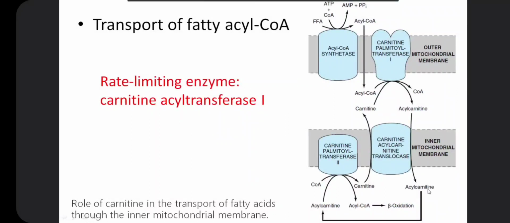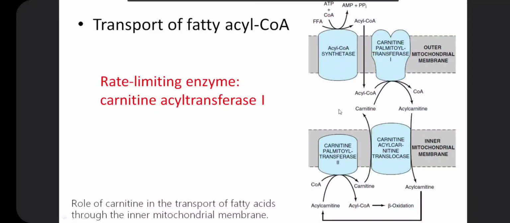Then the free carnitine is returned to the intermembrane space by the translocase, where it collects another fatty acyl group.